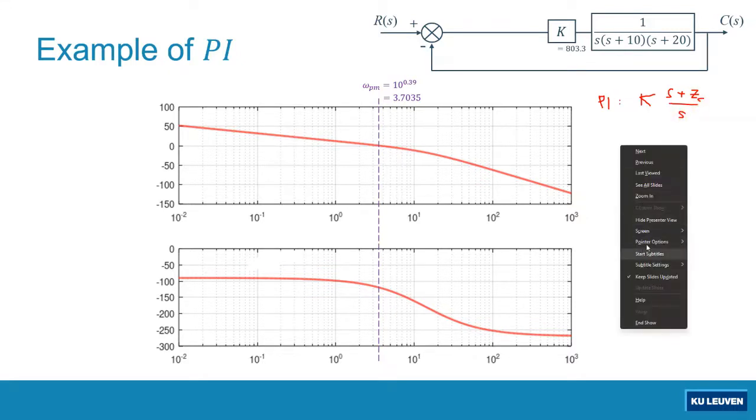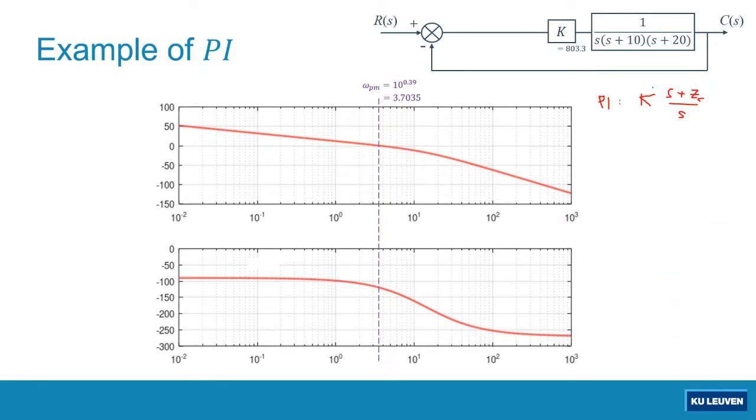At this moment, we have already calculated K. K is this one. The last step now is to design the dynamic part of our PI controller. So we need to define ZC.